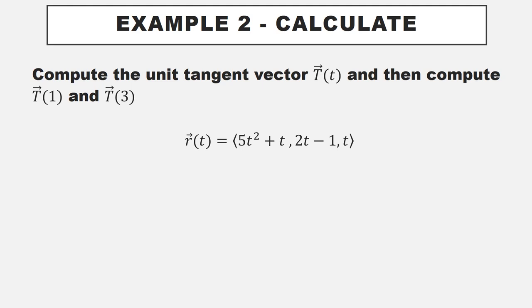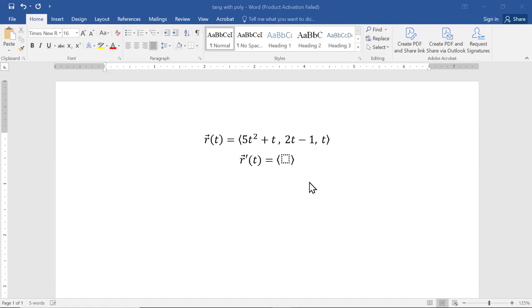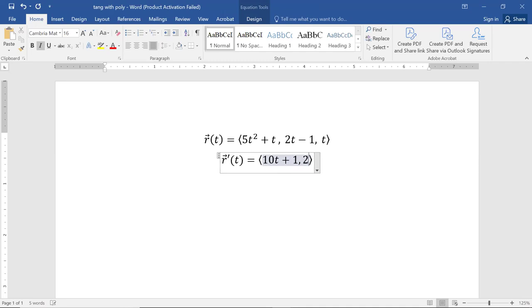So we have this vector valued function, and we want to find the unit tangent vector. Just like in our previous problem, we're going to start out by taking the derivative. So the derivative of r is going to be r prime, which is 10t plus 1, comma, 2, comma, 1.